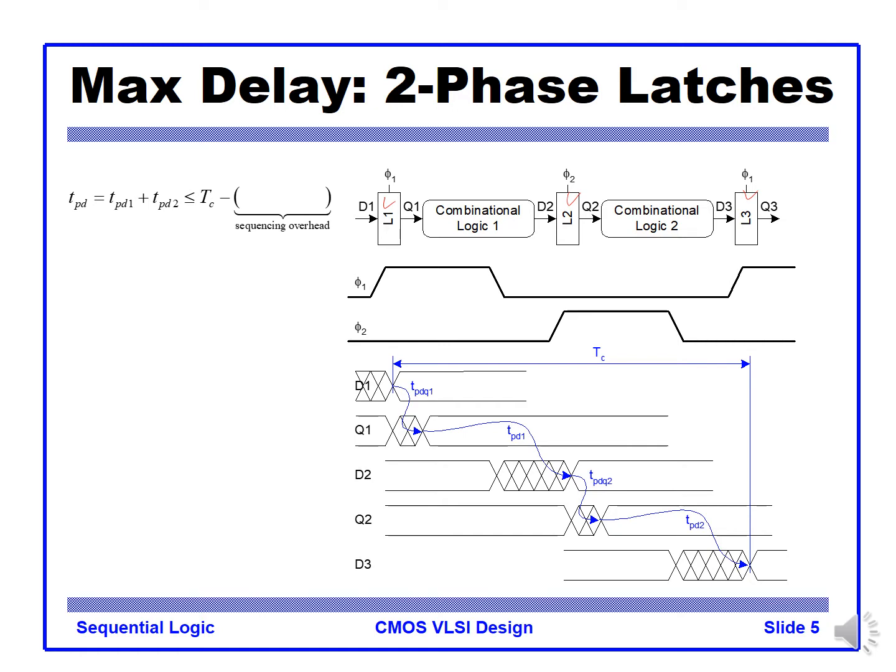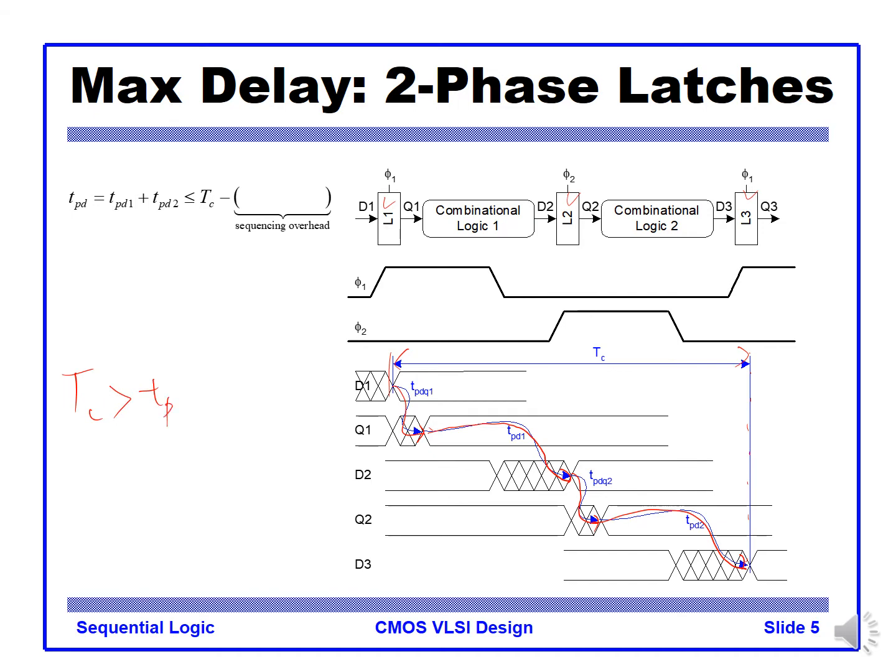When the data comes in, first it passes through the latch delay, then the first combinational logic delay, then latch 2 delay, and another combinational logic delay. The whole thing must be within the TC, one clock period.